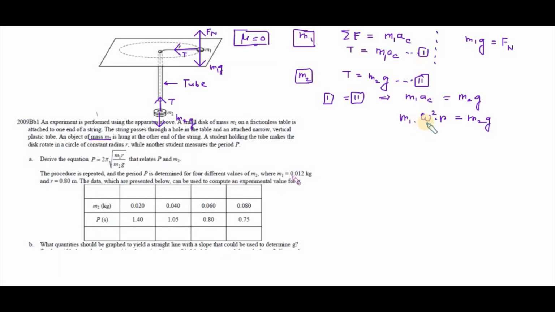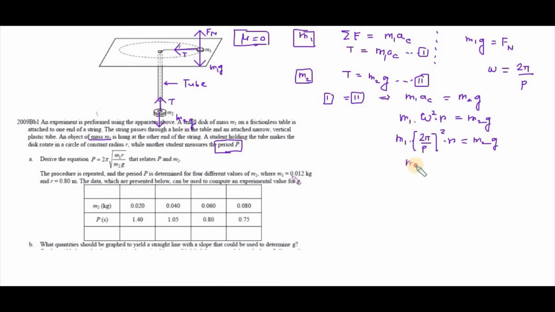Omega represents the angular velocity, and r is the radius of the circle. Now omega we can represent in terms of the time period: the period is given as P, and the relation between angular velocity and the period is omega equals 2 pi by P. So we substitute: m1 times (2 pi by P) whole square times r is equal to m2 g.